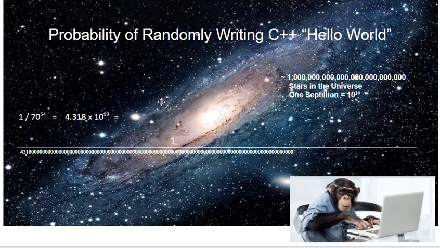And to get hello world, by randomly pressing 54 key presses on the keyboard, each one a 1/70th chance of getting that next character correct, that's, again, 1 over 4318 followed by 99 zeros.